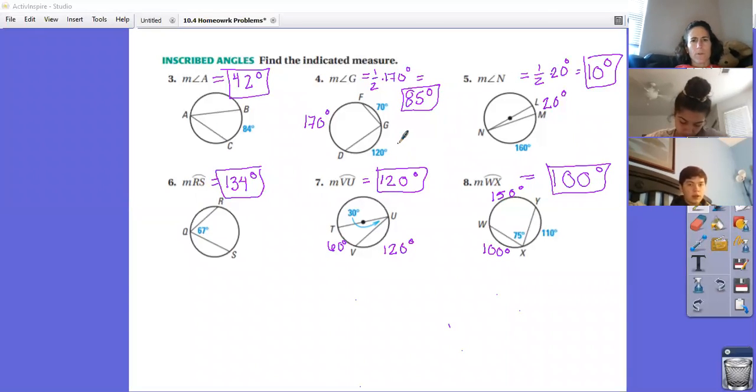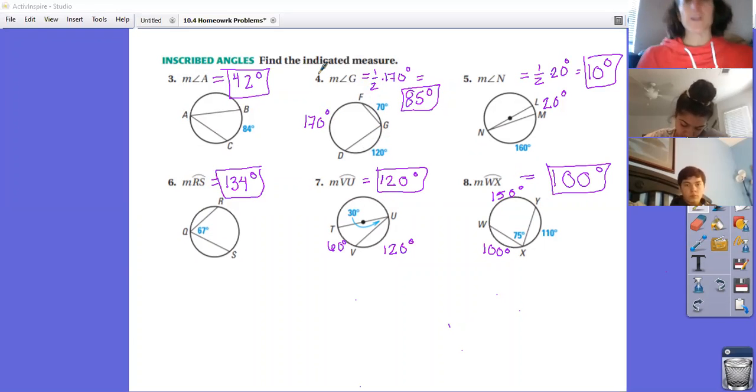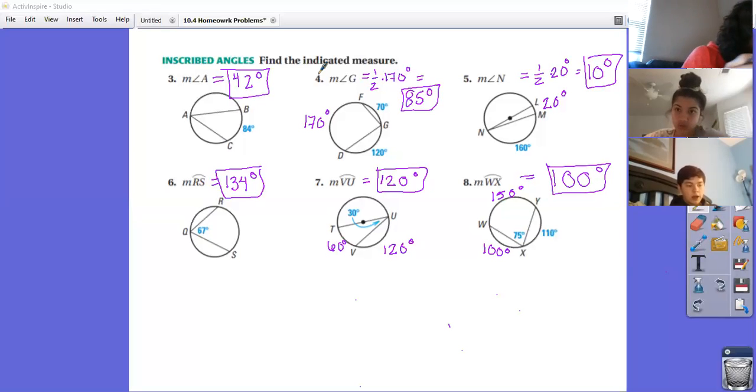And the other two angles, you mean the other arcs? Yeah, the arcs. Okay. So the entire thing adds up to 360. So whatever arcs you're given, you can subtract and then find the other arcs. It depends on the information that you're given.